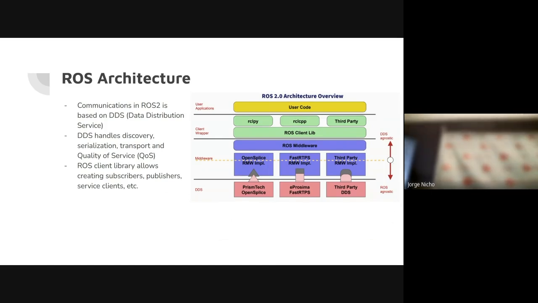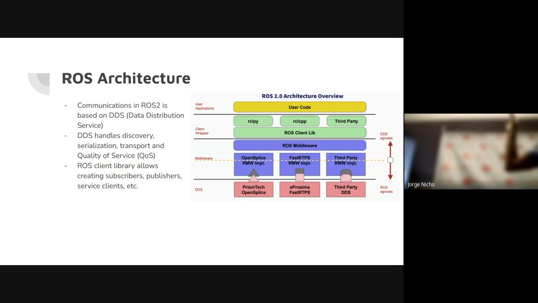So this is a more detailed description of what the ROS architecture looks like. At its core, communication in ROS is done through DDS, which stands for Data Distribution Service. On top of that, you have what is called the ROS middleware, which is basically wrappers around the DDS applications. Even higher up, you have the ROS client library.